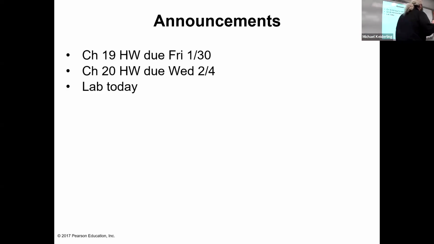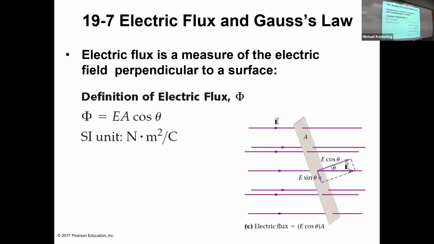Because I didn't do a very good job explaining flux and Gauss's law last time, I'm going to try to do that again, but this time better. Electric flux is a way to measure the amount of electric field passing through a surface. Strictly speaking, it's a measure of electric field perpendicular to that surface.